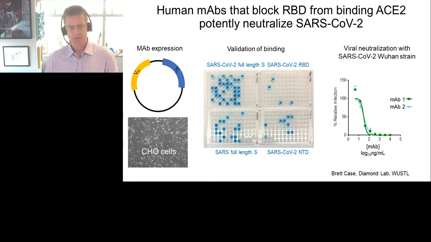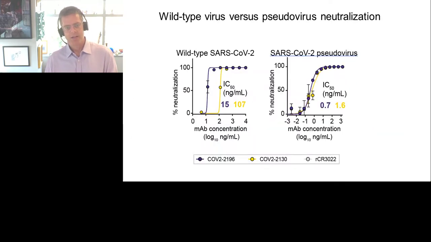And we see with wild-type virus, we have antibodies that are down into the nearly 10 nanogram per ml IC50 range, so against wild-type virus.